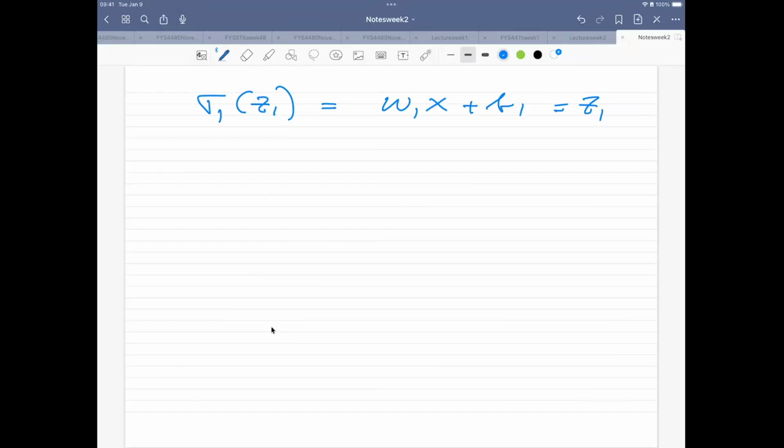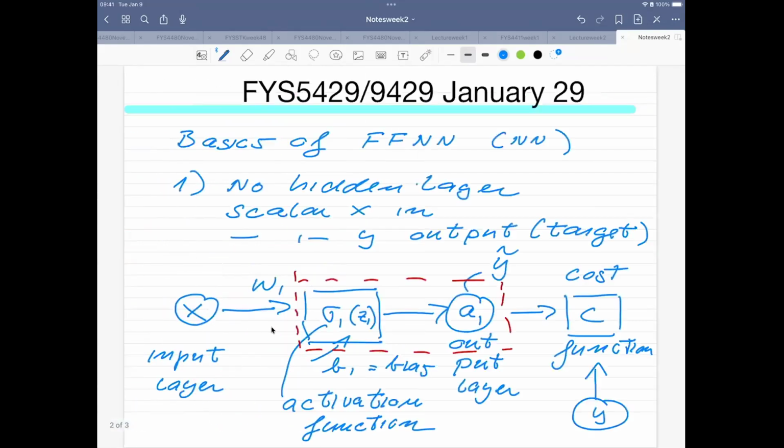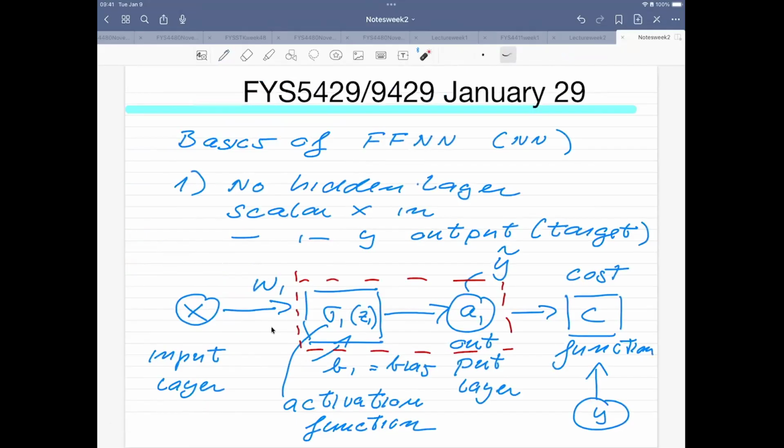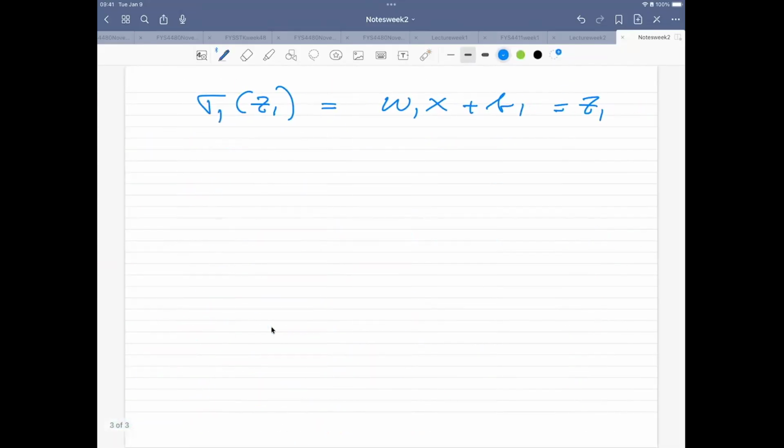So the last layer, the output layer, would then just be the output generated by the input z to the specific output layer. There is no specific function here which changes the shape of the output. A typical activation function which you may be familiar with, the sigma 1, which we just write generically, could be the sigmoid function, which is 1 over e to the minus z plus 1.